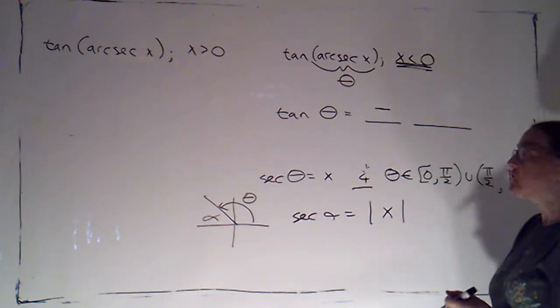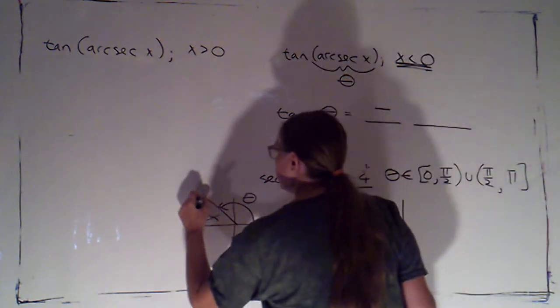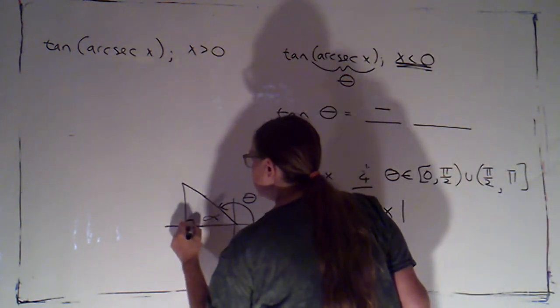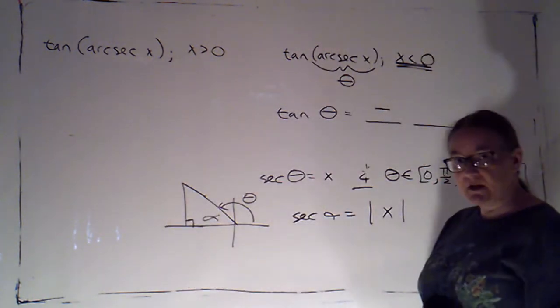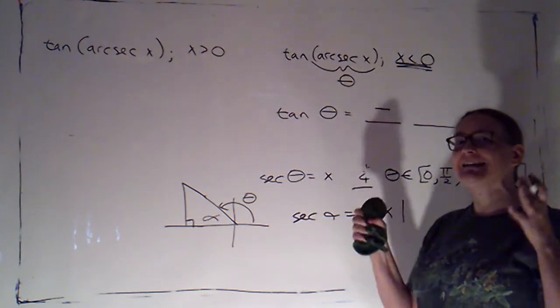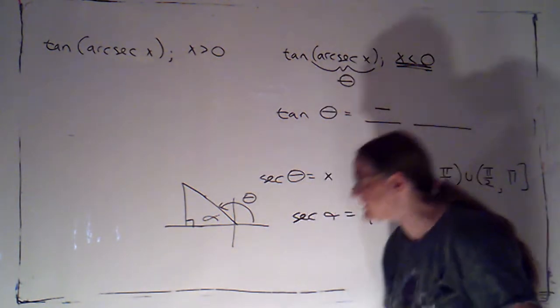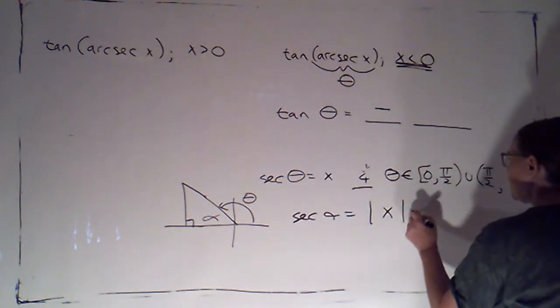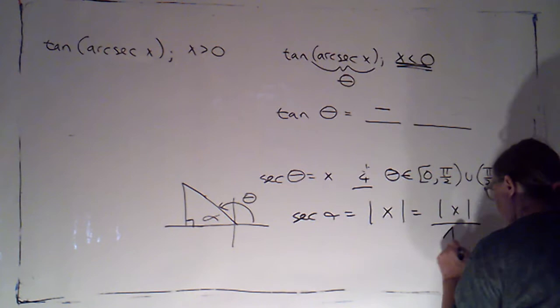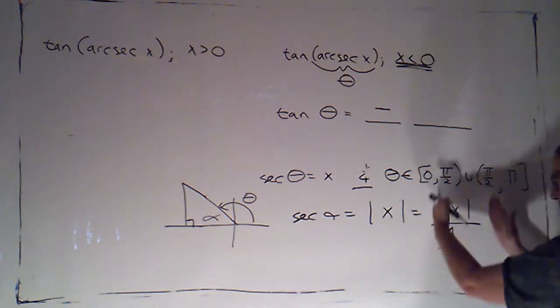So I'm going to draw myself a picture of my triangle for alpha, and I'm going to label it with the side lengths. So I'm not doing signed sides because I've dealt with the sign as a separate step. I like to write things as a fraction since this was a trig ratio.